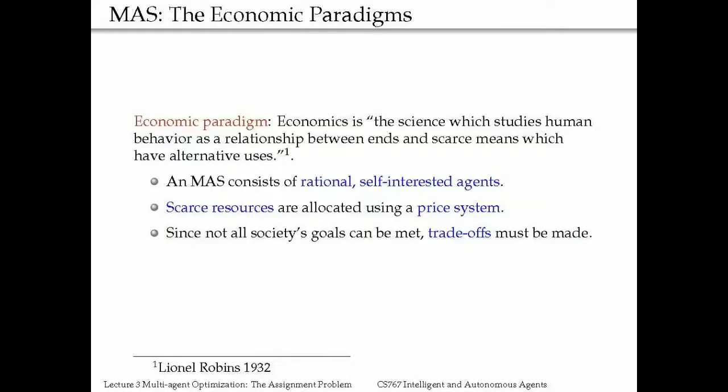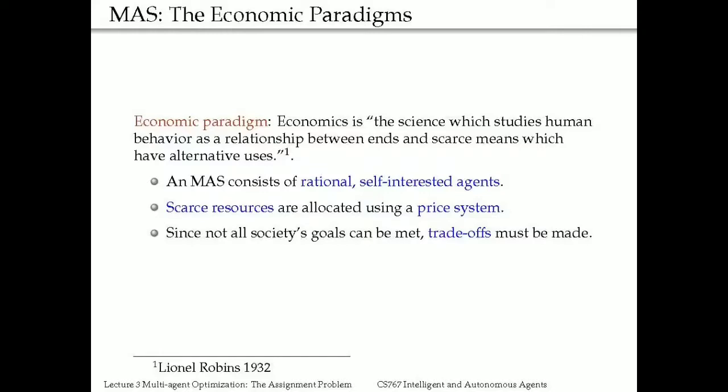And in the multi-agent system, the scarce resources can be allocated through some sort of price system, and the agents' decisions can be made through a process which derives trade-offs between the scarce resources that they face.